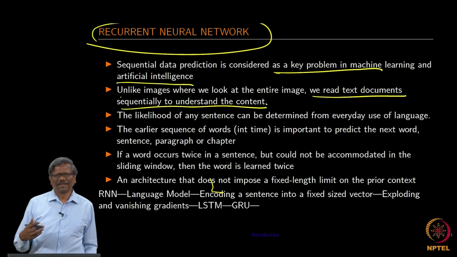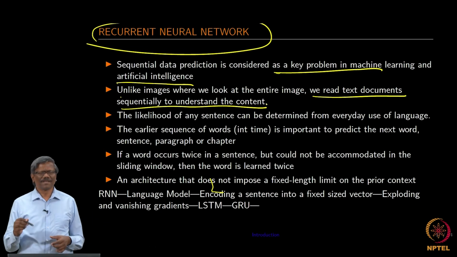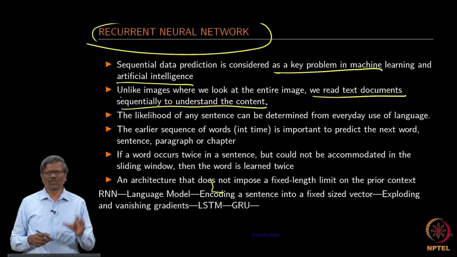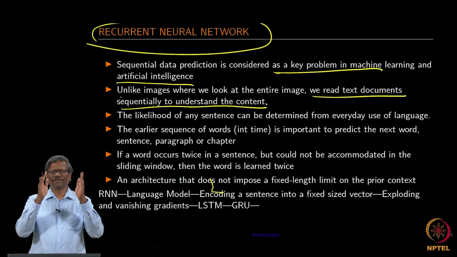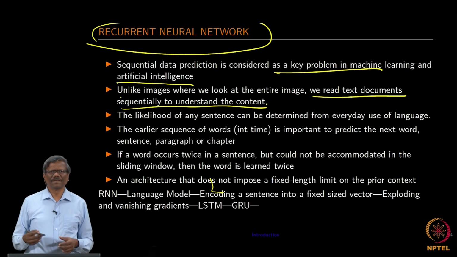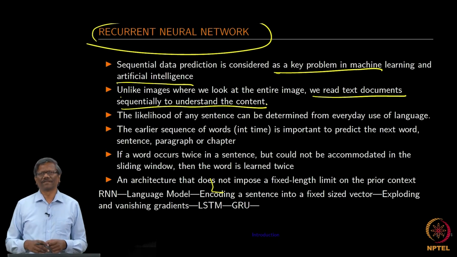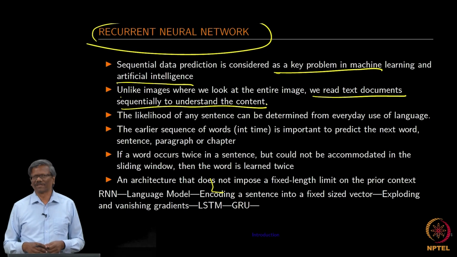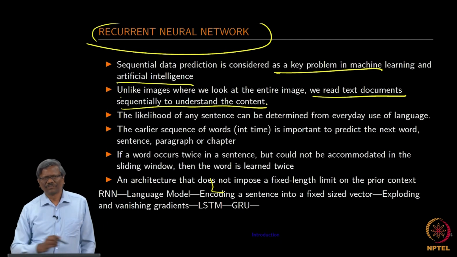Unlike an image, where we only look at portions and are still able to make it out, in the case of text, if you are only thrown one word and asked to construct the entire paragraph, it is going to be very difficult, right. If you are given some portions of an image, you may be able to extrapolate that. Even in text it is possible, but I am not sure how close we can get if you are only given certain words to reconstruct the paragraph. Okay. So, it is a task that requires a sequential understanding of the content.